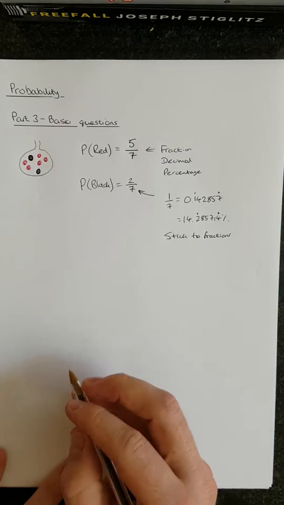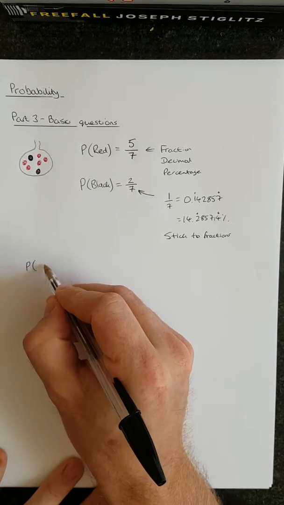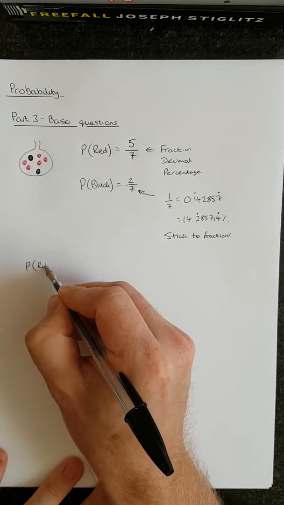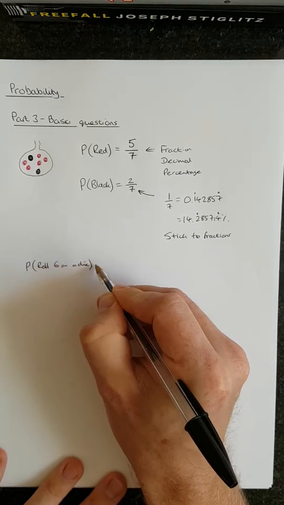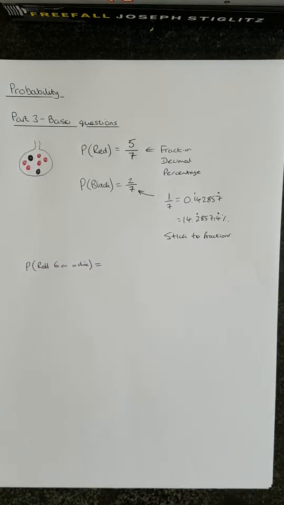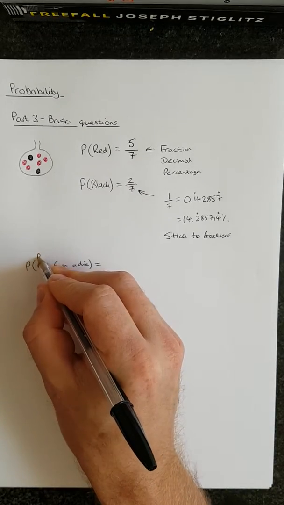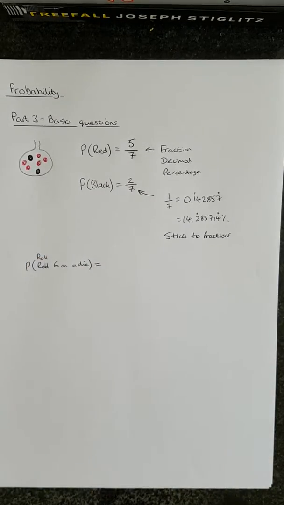So let's take it one further. What's the probability that I roll a 6 on a die? And I'll say die because it's the singular of dice.